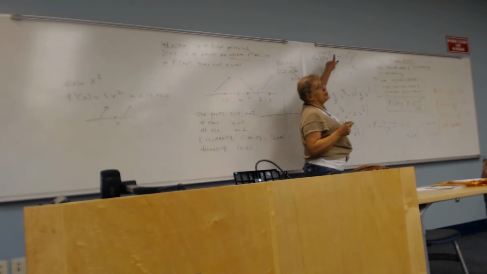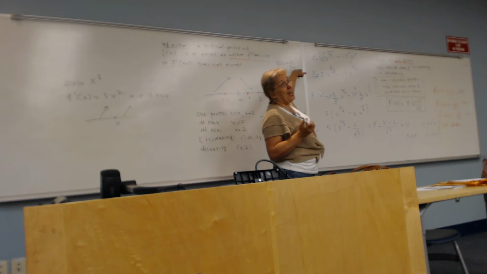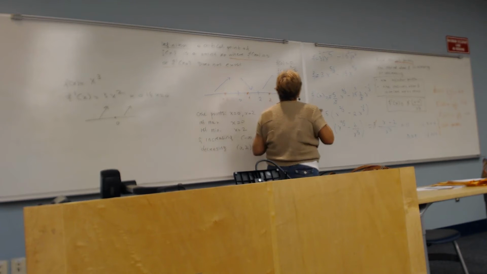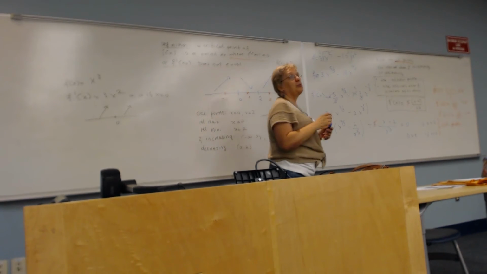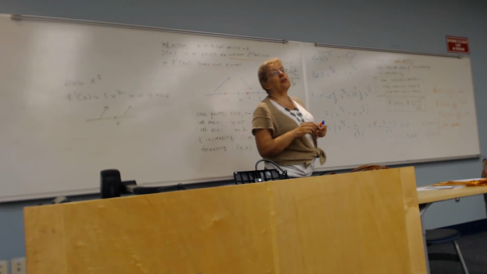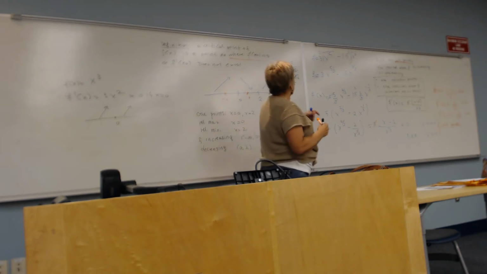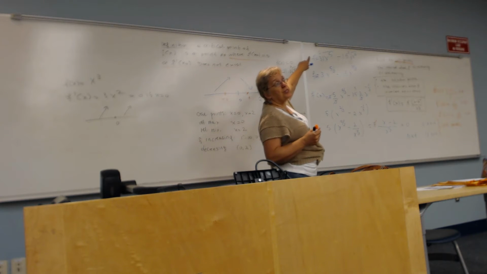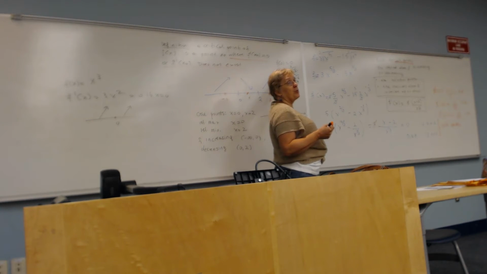If you want to bring out the 32, we want to take 8 out of the cube root. 32 is 4 times 8, the cube root of 8 is 2, so I can take out the 2 from the cube root. 2 times 3 is 6, so it would be 6 cube root of 4.